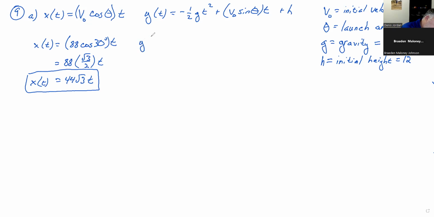And then your y equation, just start plugging those in too. So 32. And then 88 sine of 30 times t, and then the h was 12.